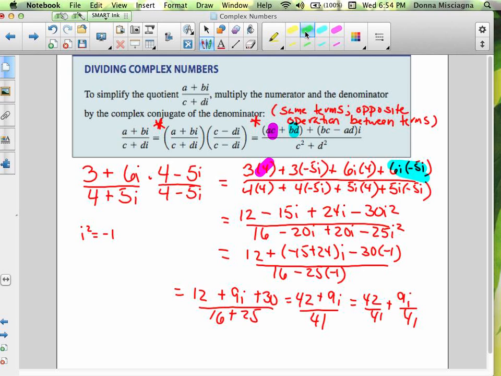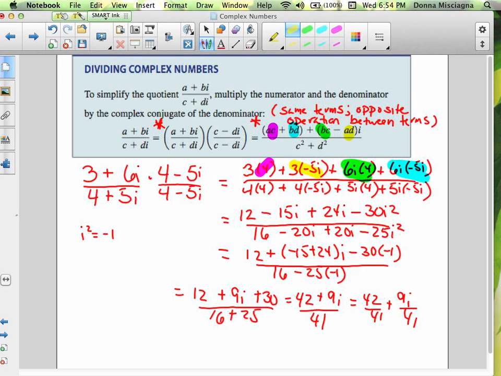And then the B times C part, that would be the 6 times the 4. That's over here. And then we have the A times D, so that would be the 3 times the 5i, and that's over here.